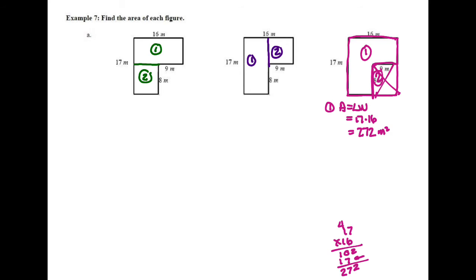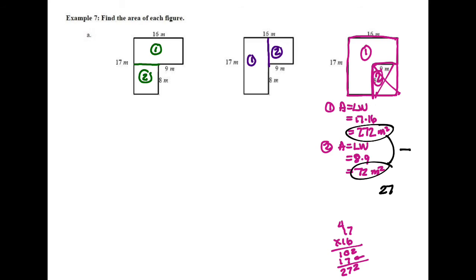meters squared. Rectangle 2 is the small one, and it is 8 by 9, right? So that's 72 meters squared. So to find your final answer, we're going to subtract these 2.